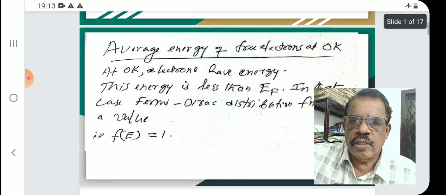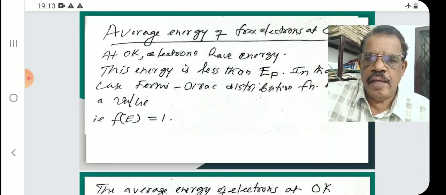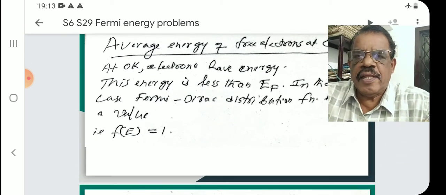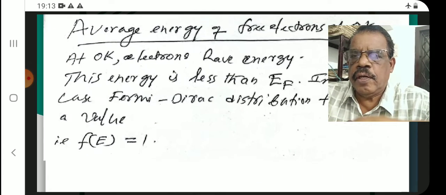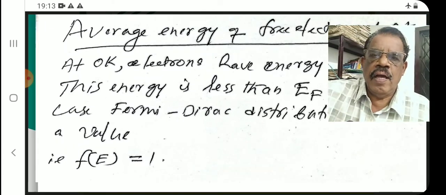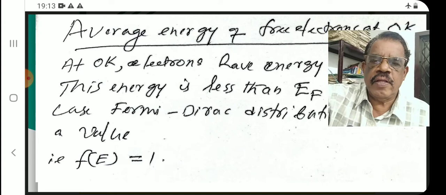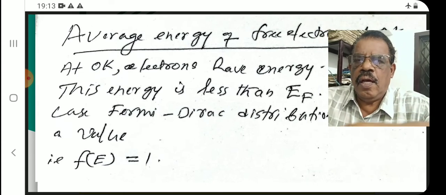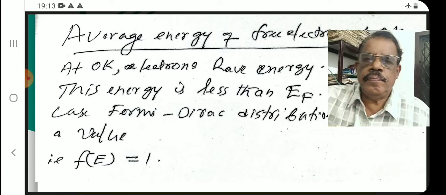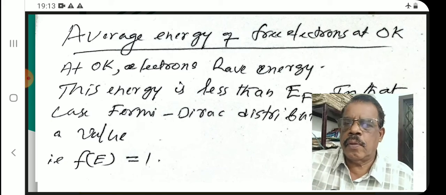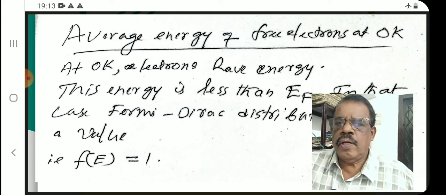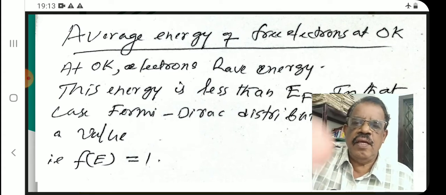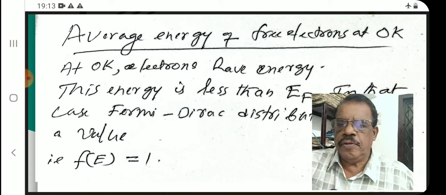Before seeing the problem, let us have an idea about the average energy of free electrons at 0K. At 0K, absolute zero, electrons have energy less than EF, the Fermi energy.